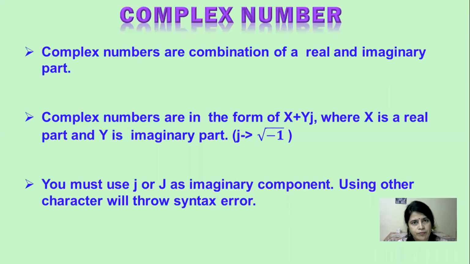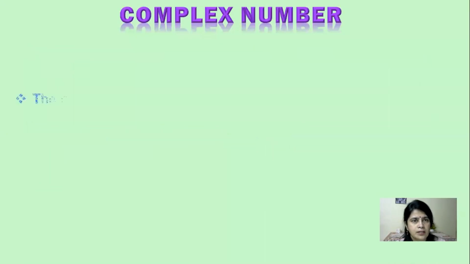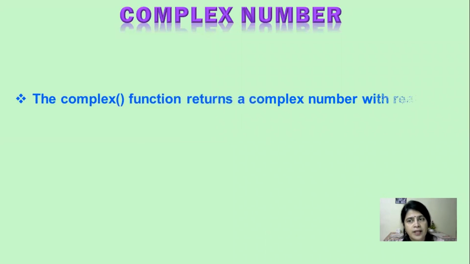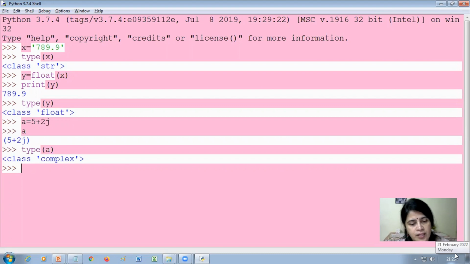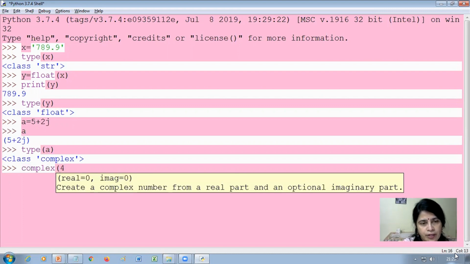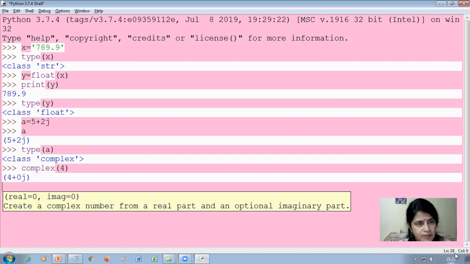Now, let us see some other properties. The complex function returns a complex number with real and imaginary components. How? Say for example, if we do complex of 4, we see 4 plus 0j, because I have only passed one parameter and that 4 is taken as the real part.